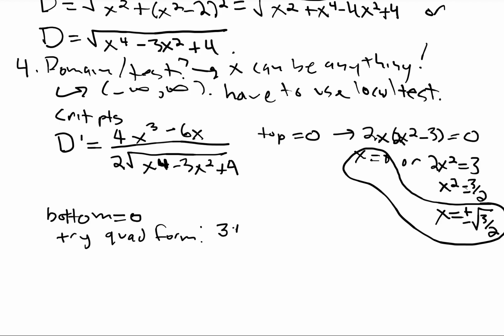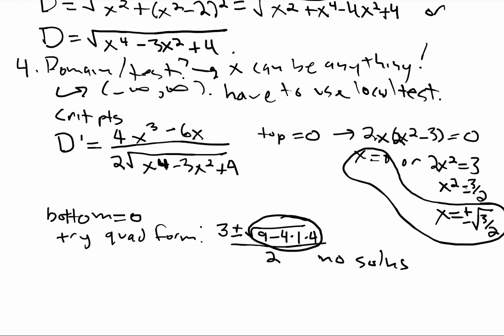Negative b plus or minus square root b squared will be 9 minus 4 times a times c all over 2a. Well, this part here looks like 9 minus 16 inside of the root. That is negative. So there's basically no solutions that happen when I try to set my bottom equal to 0.